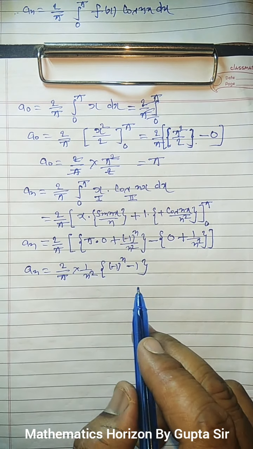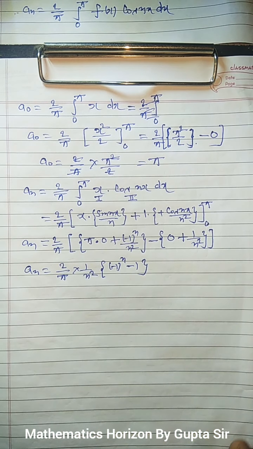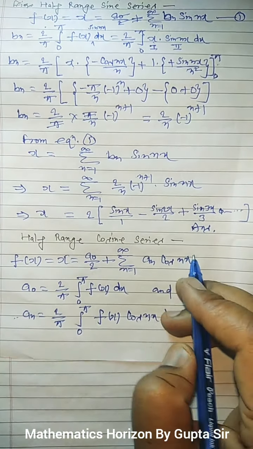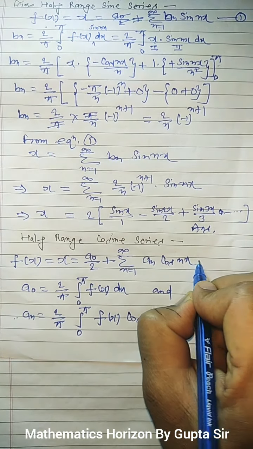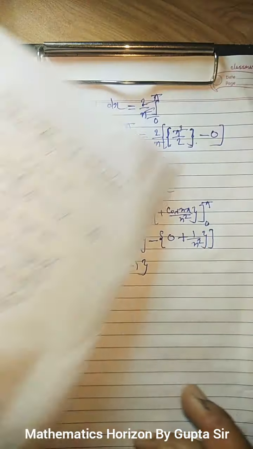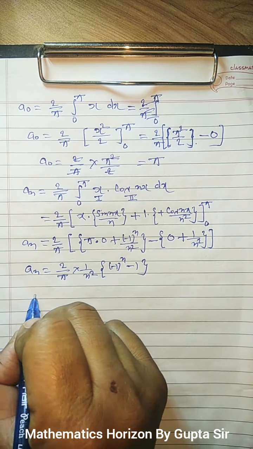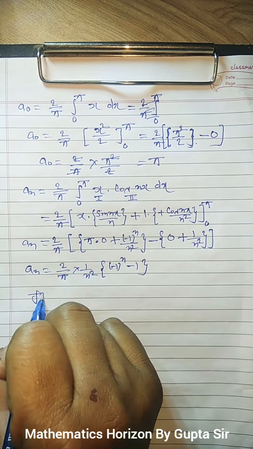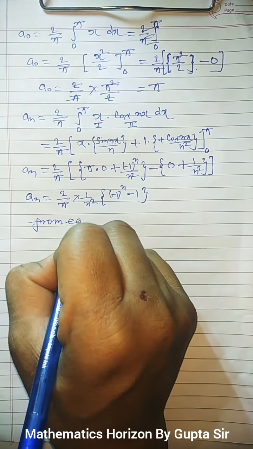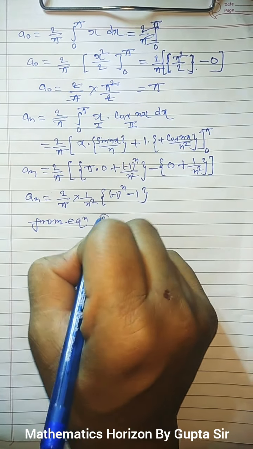Now from the Fourier series, suppose this is equation number 2. Now from equation 2, what we have?